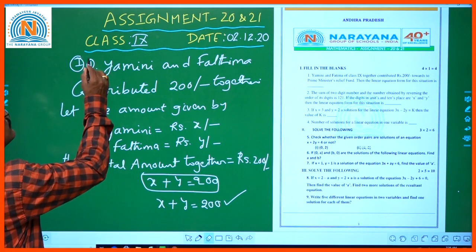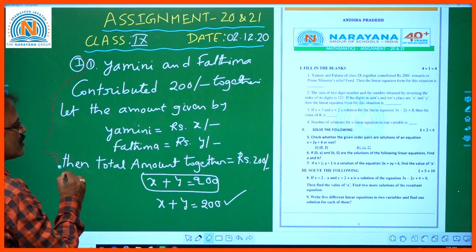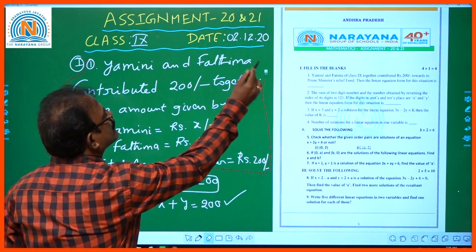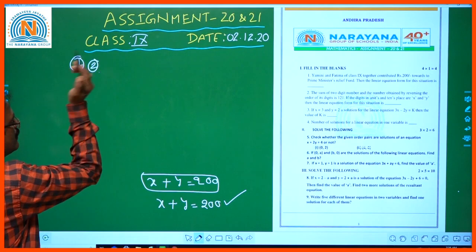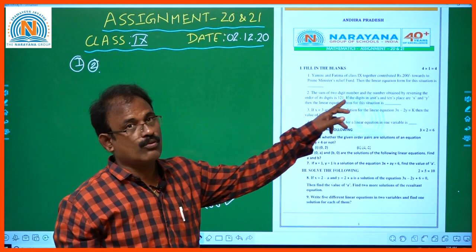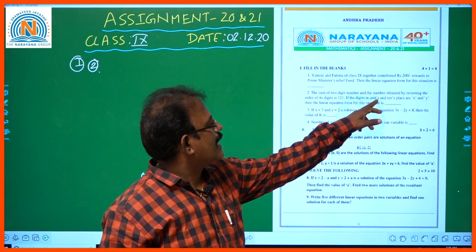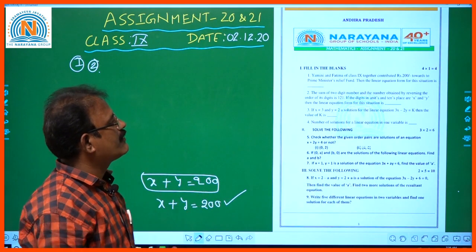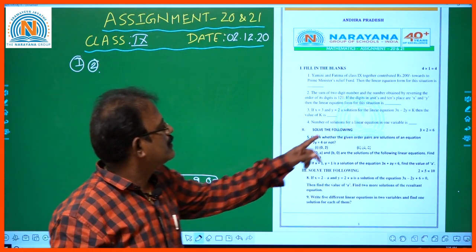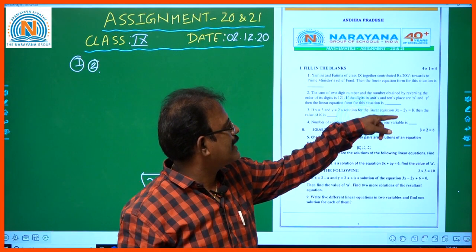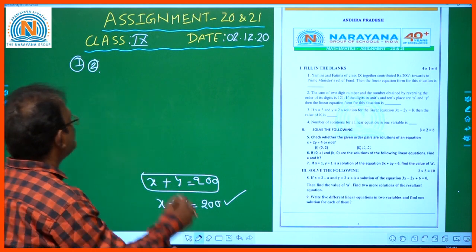So our next question from the first Roman. The second one: the sum of a two-digit number and the number obtained by reversing the order of its digits is 121. So what is given: the digits in units place and tens place are x and y respectively.